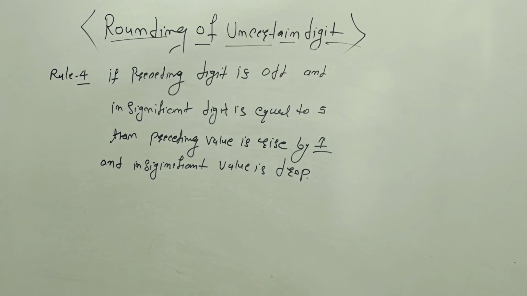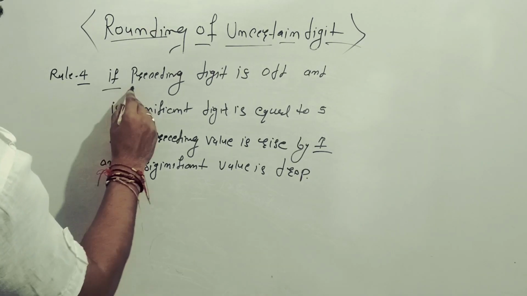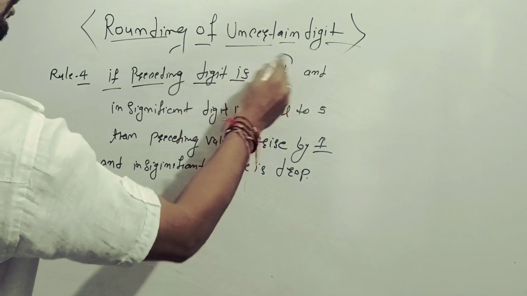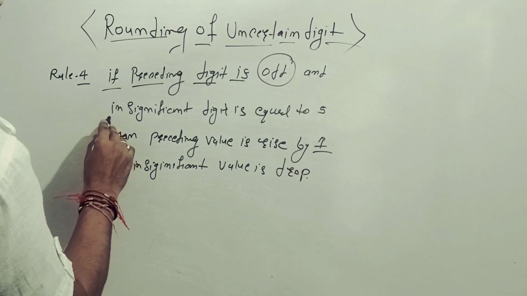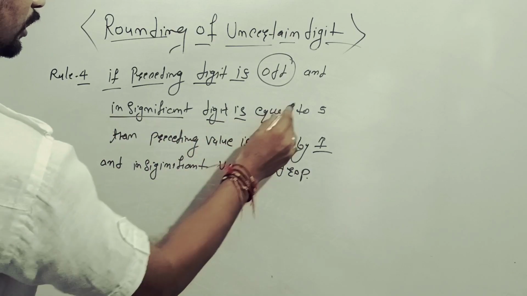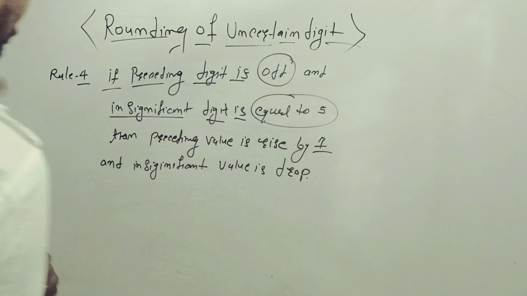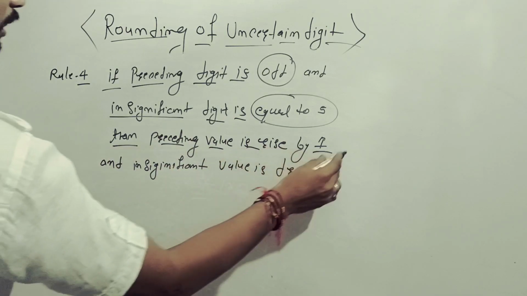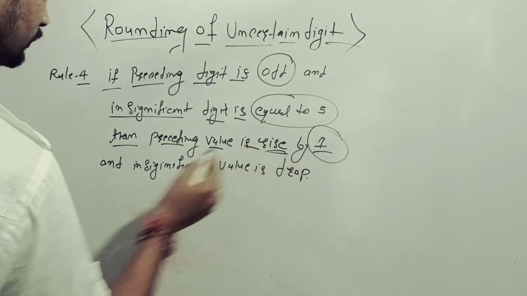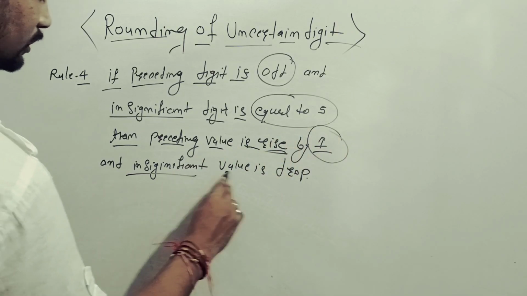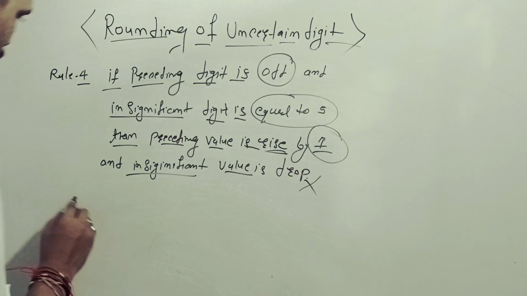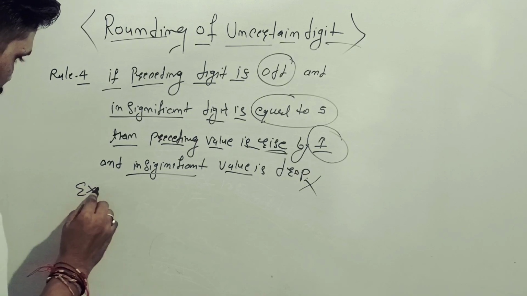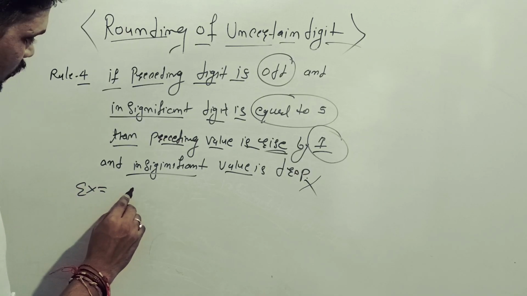Rule number 4: if the preceding digit is odd and the insignificant digit is equal to 5, then the preceding value is raised by 1, and the insignificant digit is dropped out.